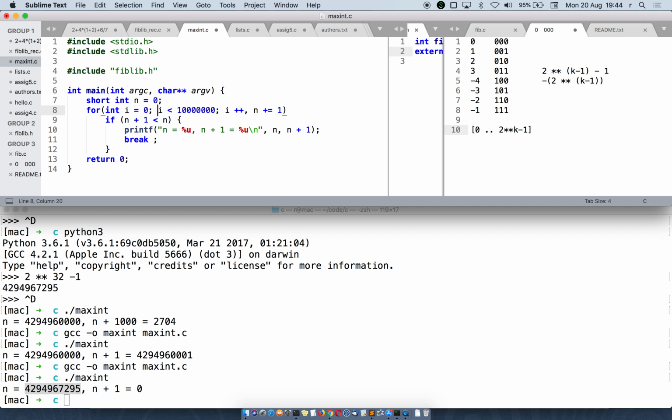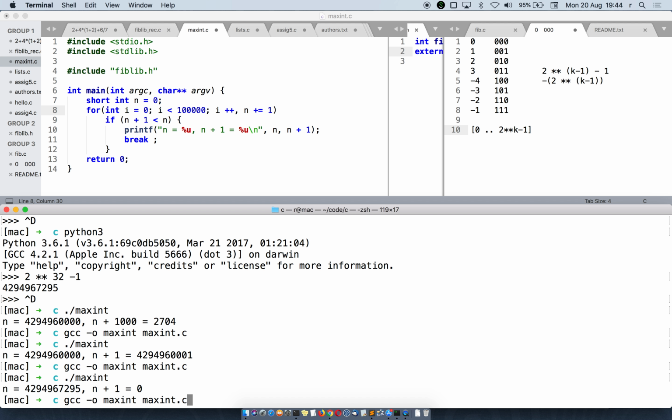All right. How many bits do you think the short integer has? A bit more than that. It has 16. All right. So here, because I is int, I can use 100,000.